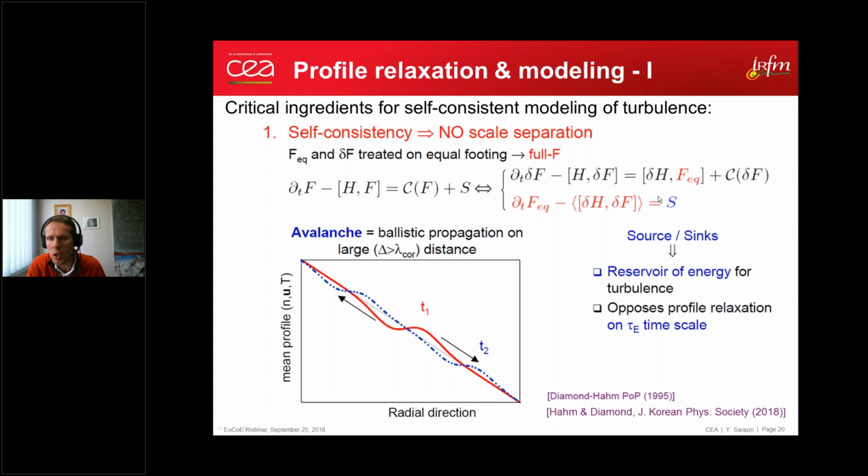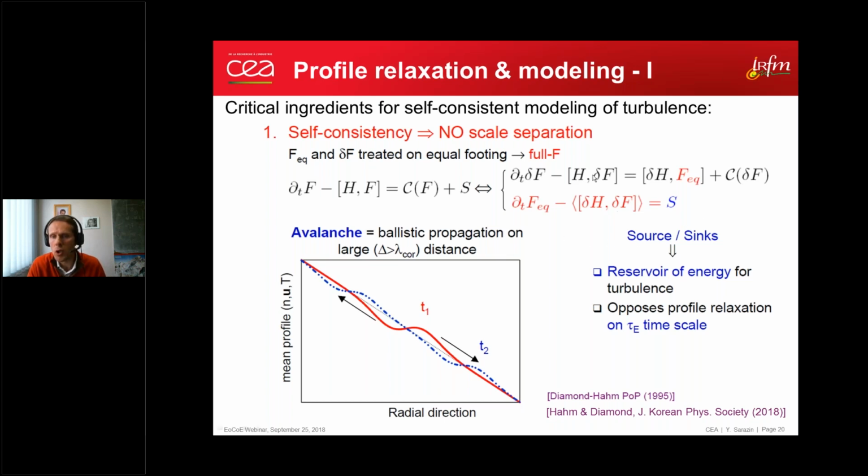And this equation actually tells you that the equilibrium distribution function evolves due to the nonlinear coupling of the fluctuations, which is actually the divergence of the turbulent flux, and the source, which prevents the gradients from completely relaxing.